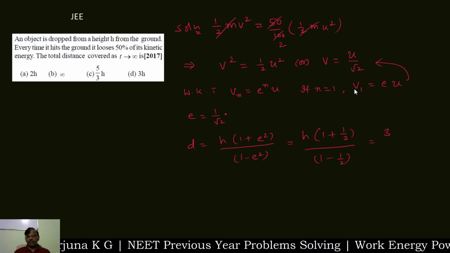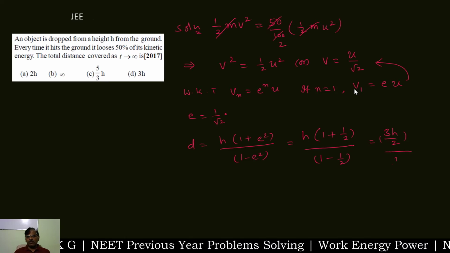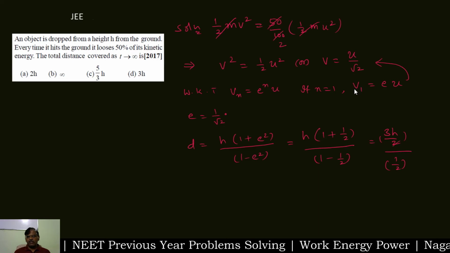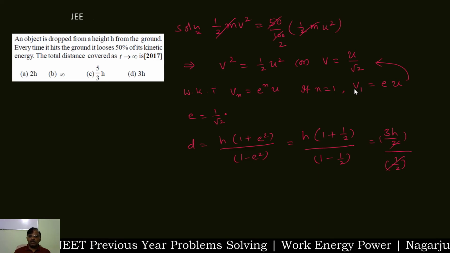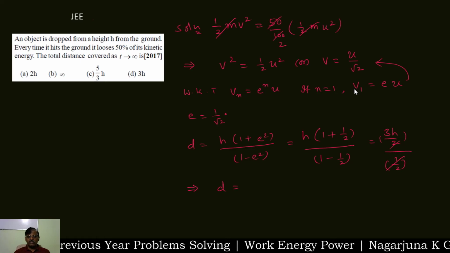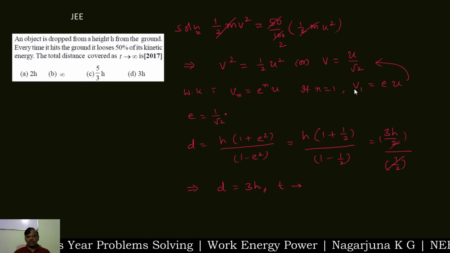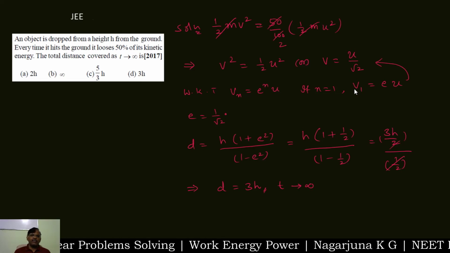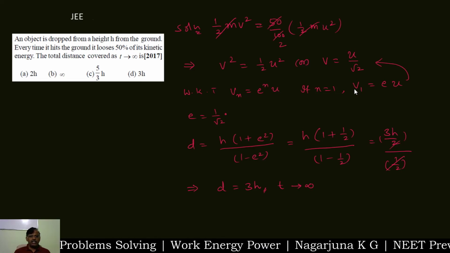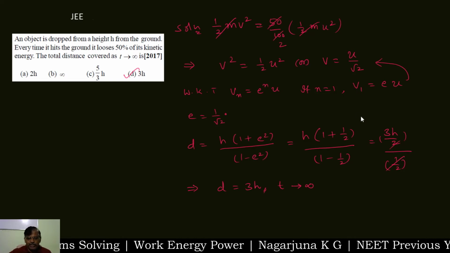Both numerator and denominator have 1 by 2, which cancels. Therefore the total distance D is equal to 3H when time tends to infinity. So 3H, that is option D, is the right option.